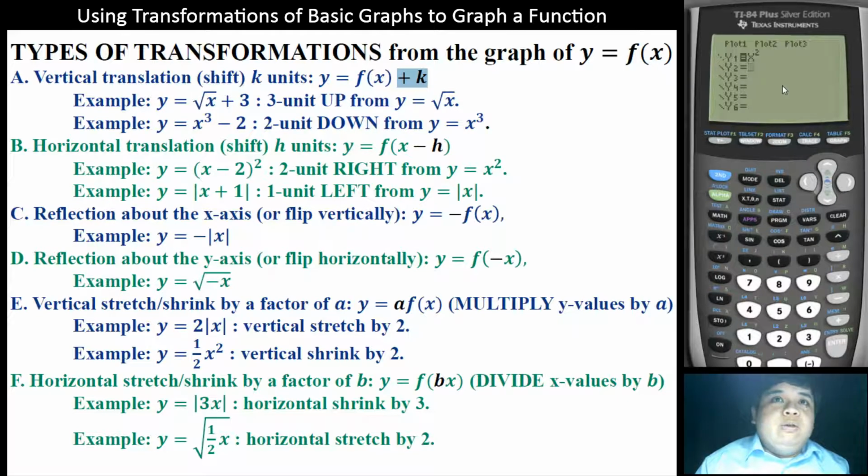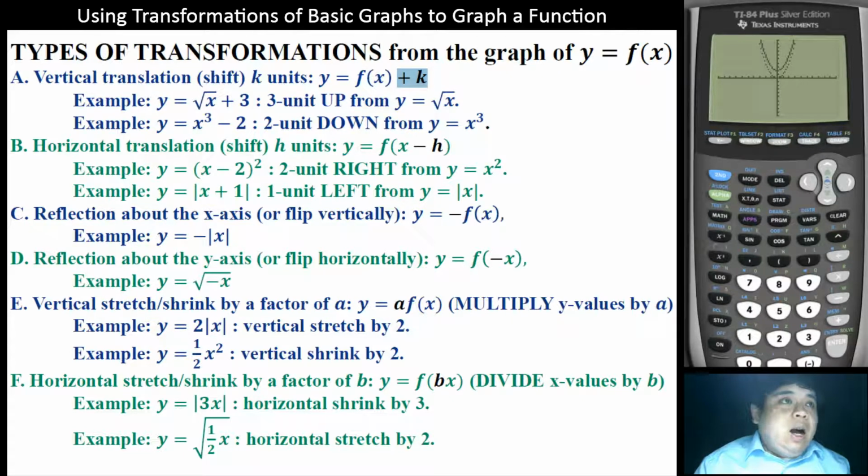Let's say we have the function y equals x squared, and then x squared plus 2, for example. By adding 2 to it, the graph will go up 2 units. First we see x squared, and now the graph goes up 2 units from here to there. And if we subtract, then it goes down.